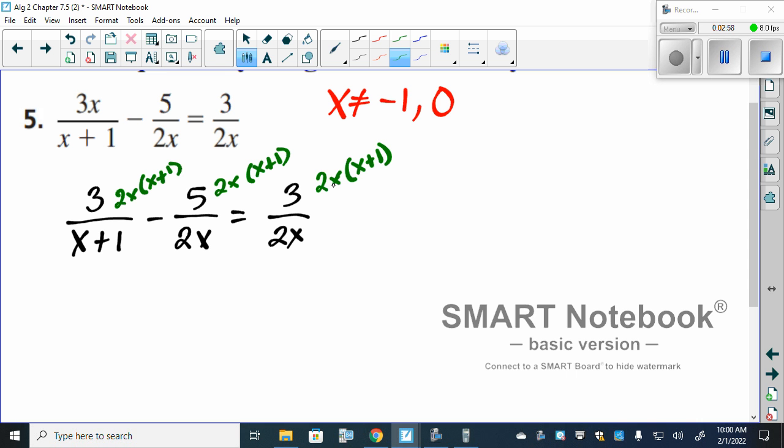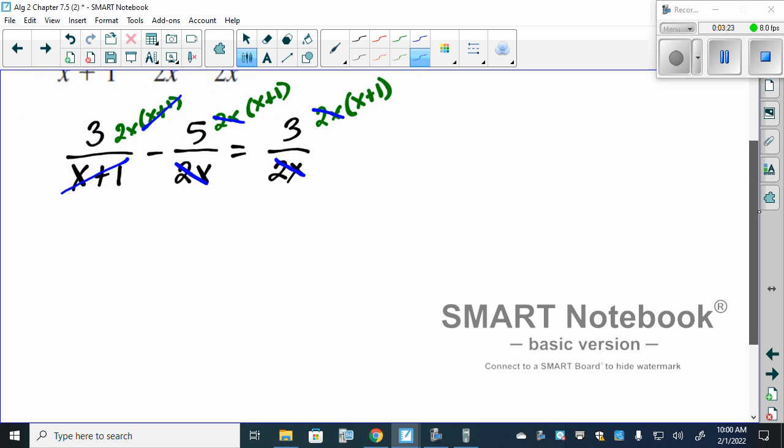Even though 2x does appear in 2 different denominators, in each one the 2x only appears once, so we only need it once. Because when we do this here, for the first one, the x plus 1 and x plus 1 will cancel. For our middle one, the 2x and 2x will cancel, and the last one, the 2x and 2x will cancel.